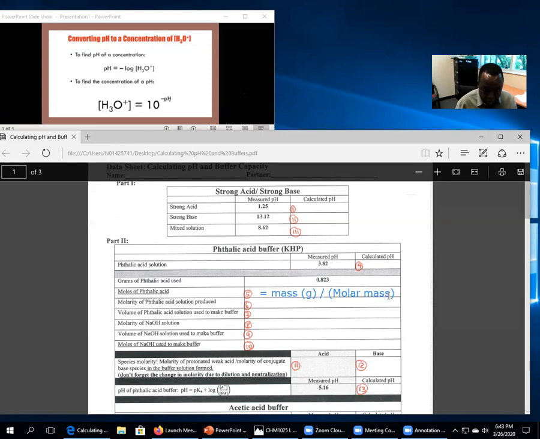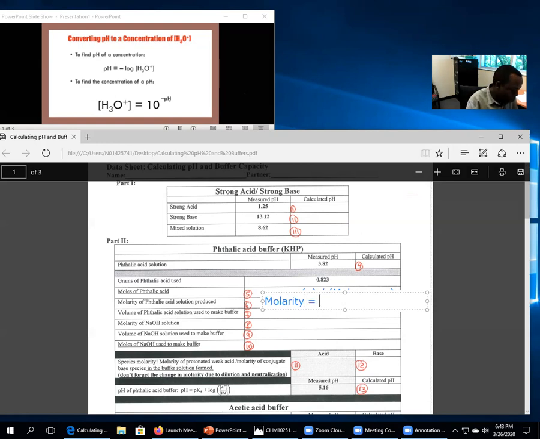Now, the molarity of the phthalic acid solution produced. Molarity equals number of what?